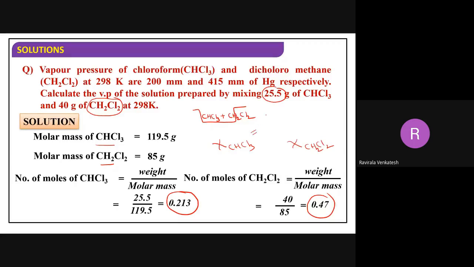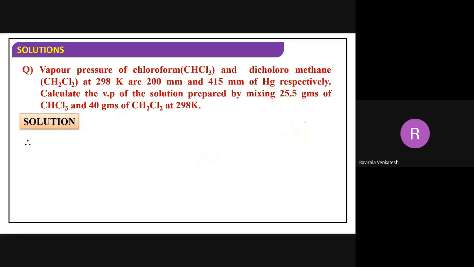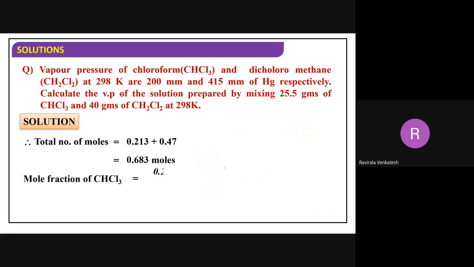Mole fraction of chloroform is equal to the number of moles of chloroform divided by the total number of moles, that is chloroform moles plus dichloromethane moles, isn't it? Now you can substitute 0.213 here, again 0.213 here, and 0.47. I think you know this one. The total number of moles here is 0.68.